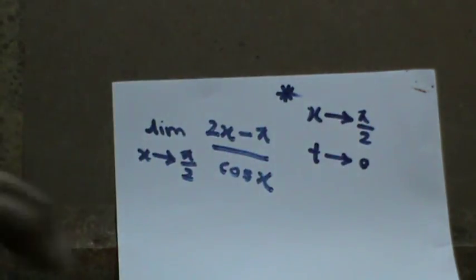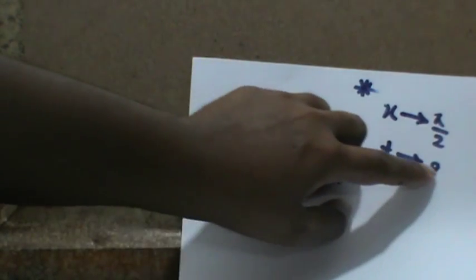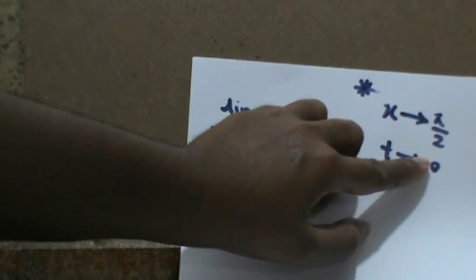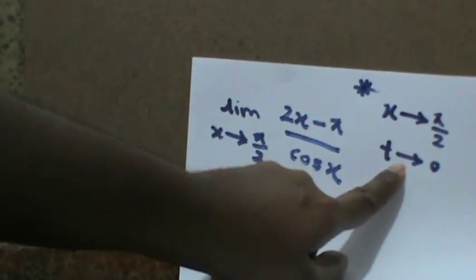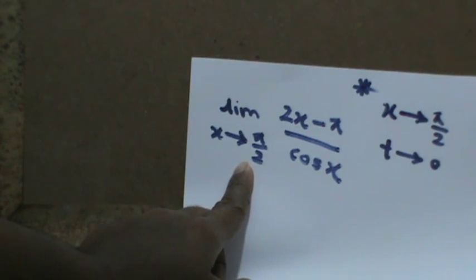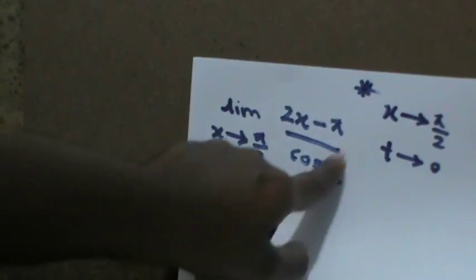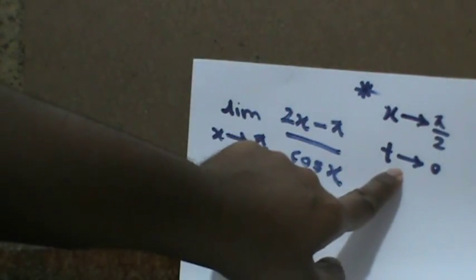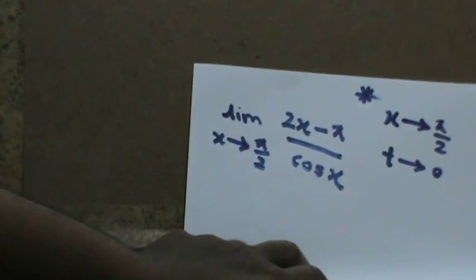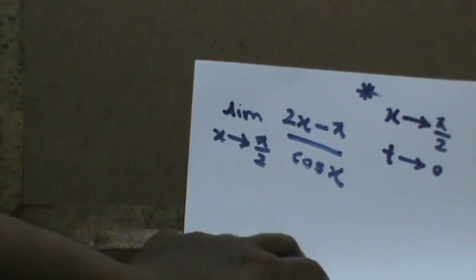This is my argument. When x goes to 5 by 2, if t goes to 0, I can substitute that t goes to 0 in place of x goes to 5 by 2 here. I can easily change this whole function into a form of t and then solve, and then substitute the value of t for x, and then give the answer in the form of x's.